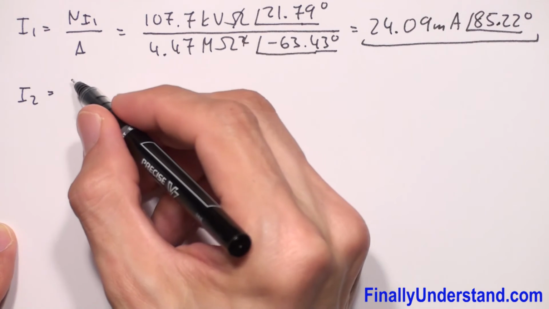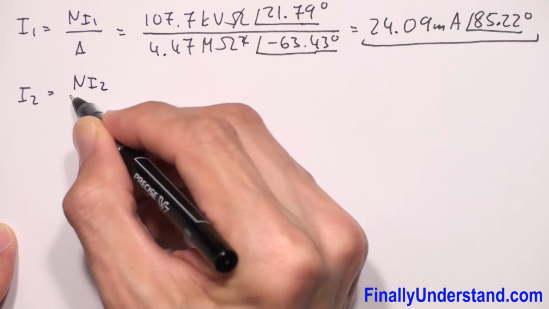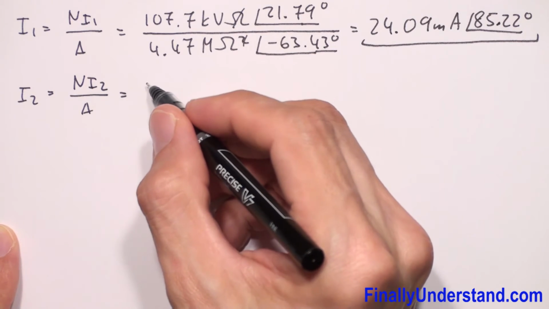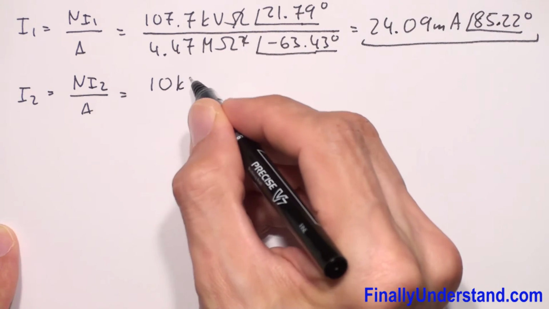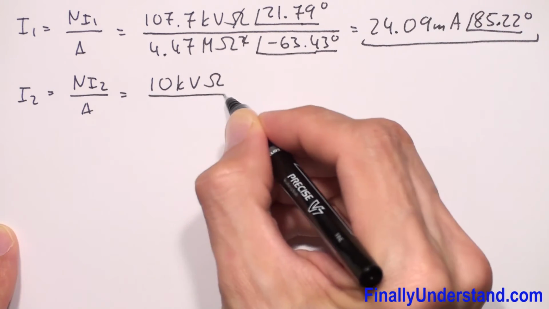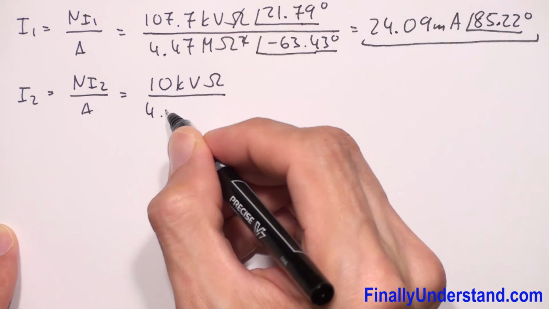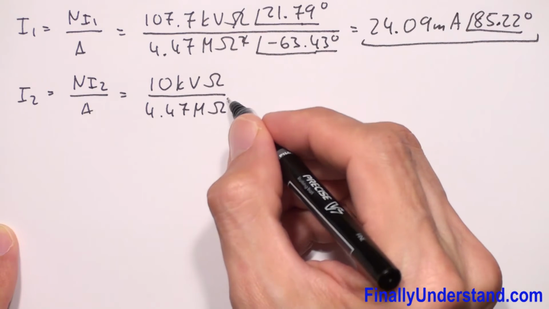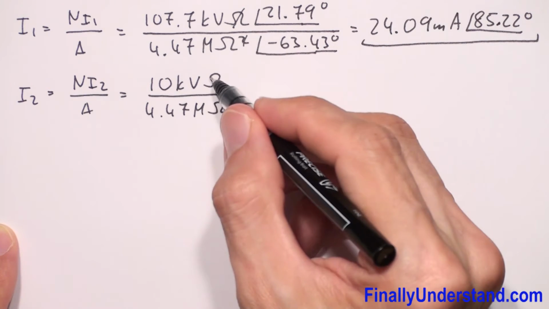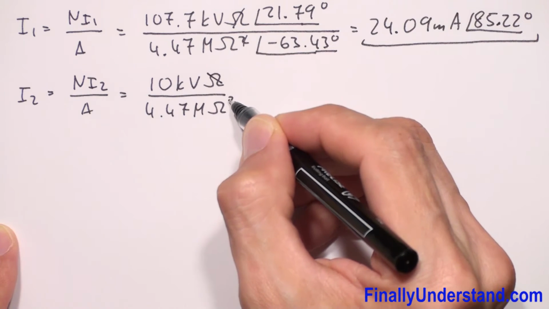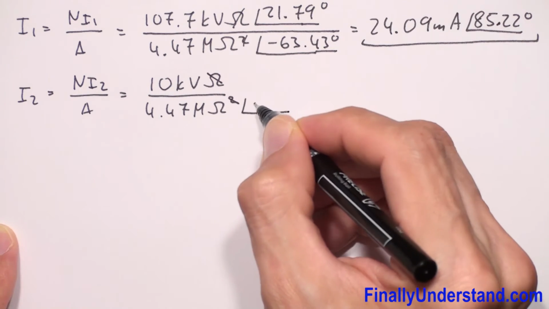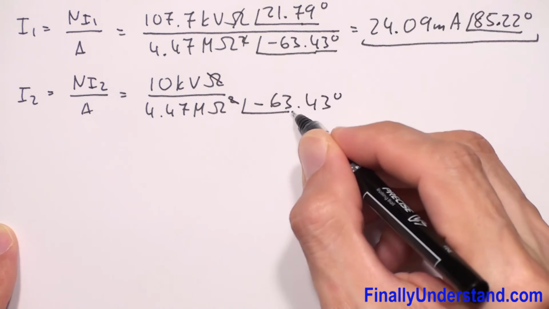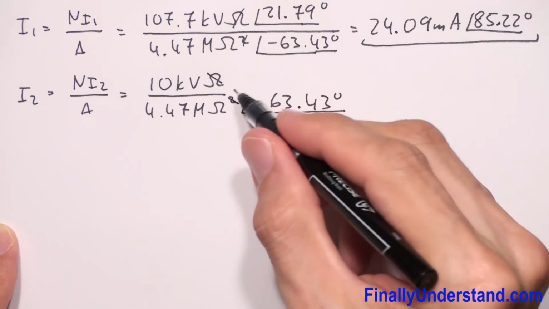So I2 is equal to N I2 over delta. We found that N I2 is equal to 10 kilovolt ohm divided by delta, which is equal to 4.47 mega ohm square. Ohm and square will cancel out, and I have angle minus 63.43 degrees.